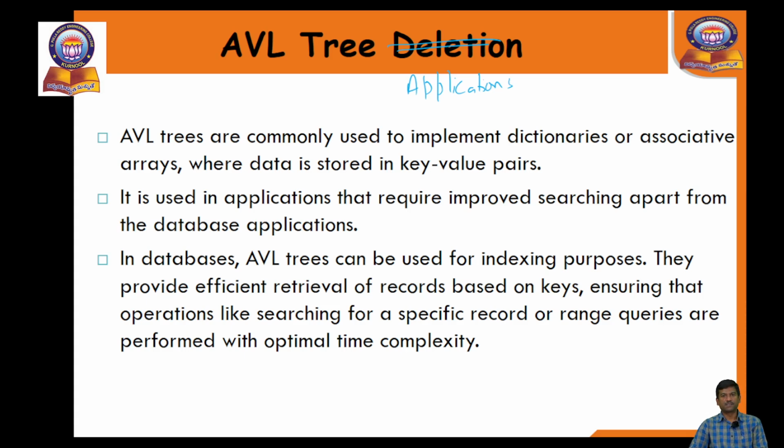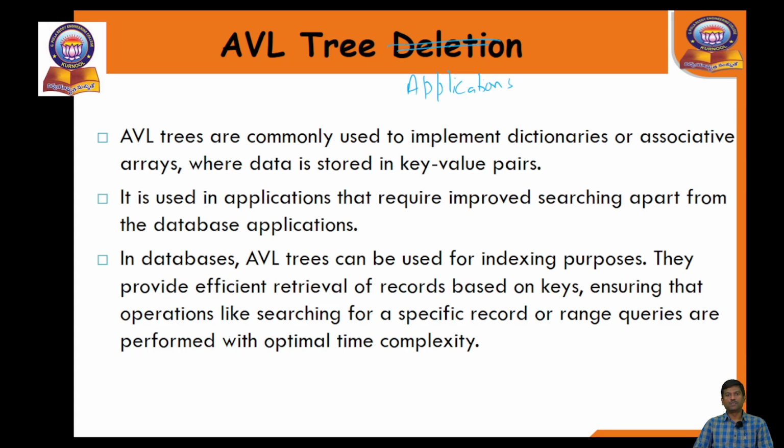To summarize this lecture, we have learned about AVL tree insertion, single rotations and double rotations, which are denoted by LL rotation, RR rotation, and the double rotations LR rotation and RL rotation.